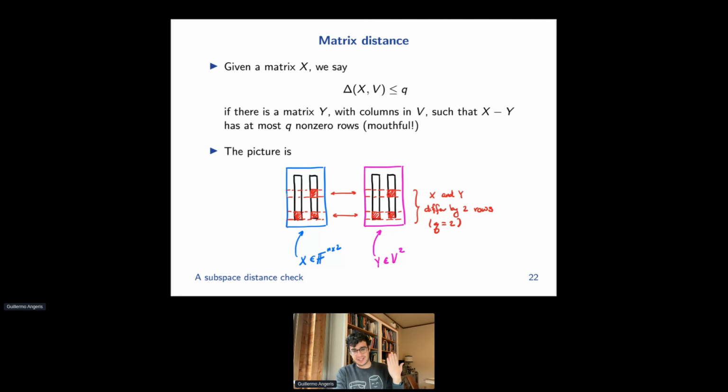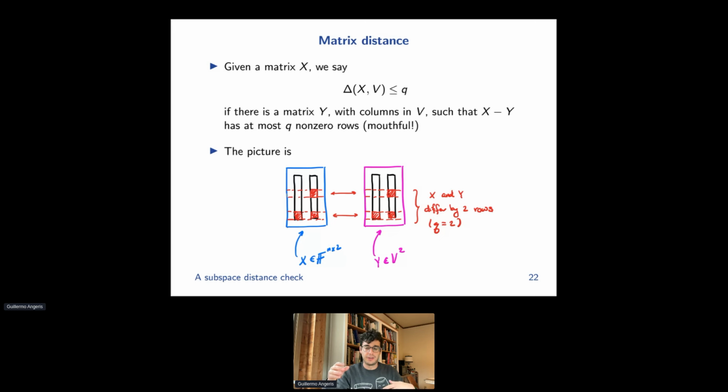I have a matrix. This matrix is going to be an n by 2 matrix in this case, and it's going to be called X. To prove that X is at distance no more than Q from V, that little inequality in the definition above, what you need to furnish is a matrix Y which has the property that the columns in Y belong in the vector space.